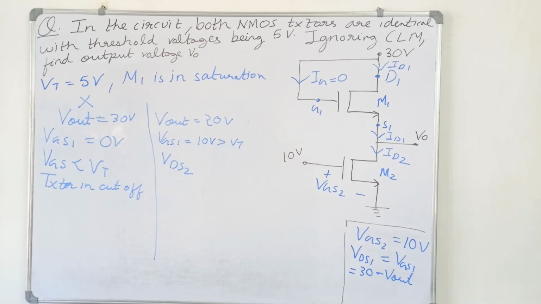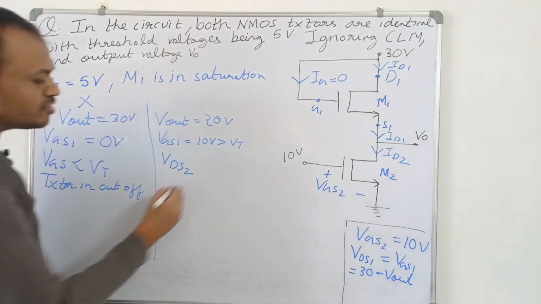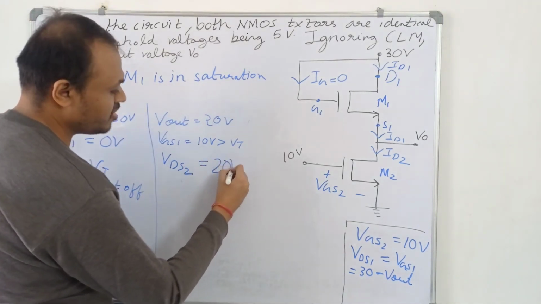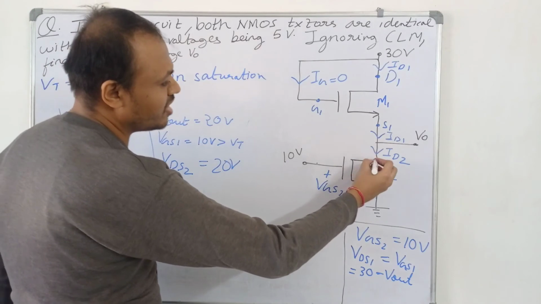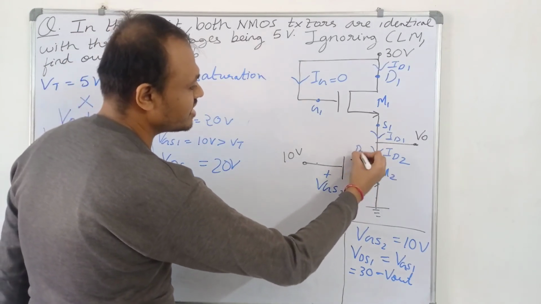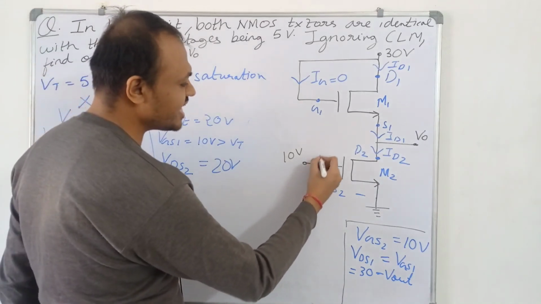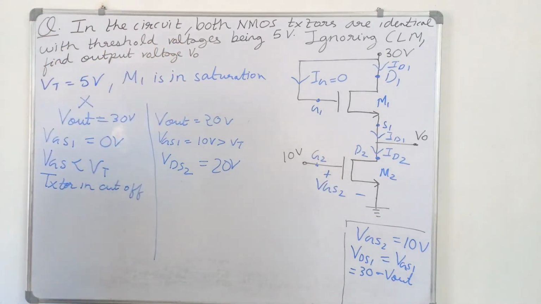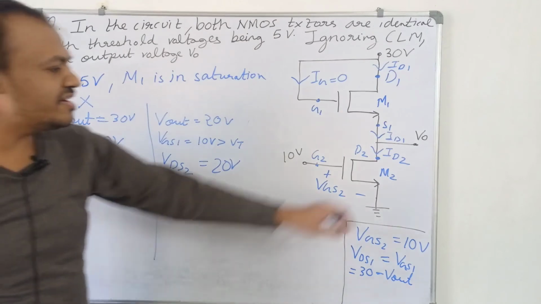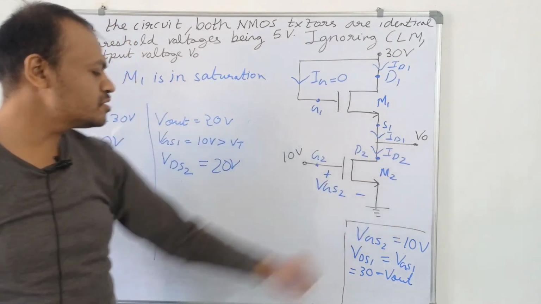If this is the condition, then VDS2 will be equal to 20 volt, because the gate is connected to Vin and this is the drain of the second transistor. If Vout is equal to 20 volt, then the drain is connected to 20 volt and the source is grounded.